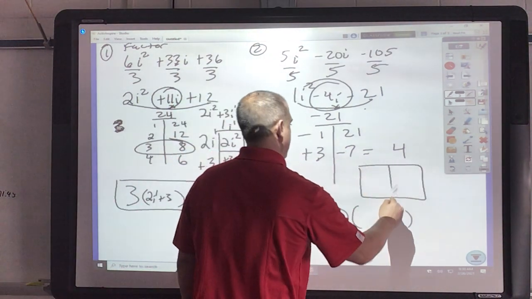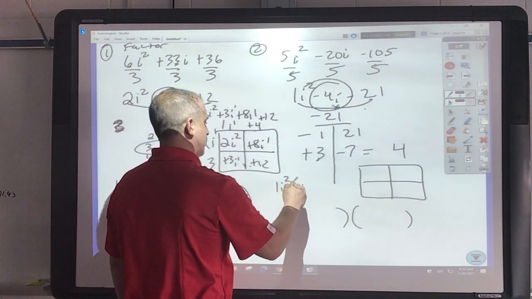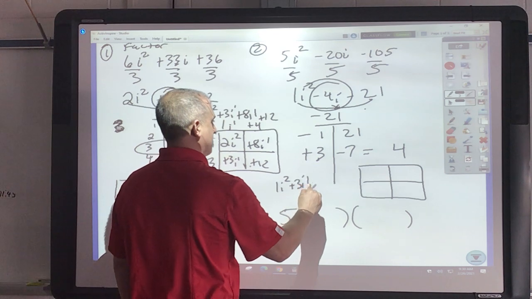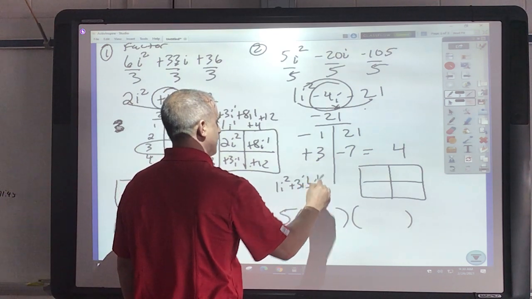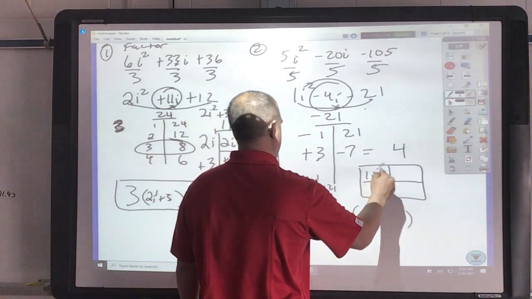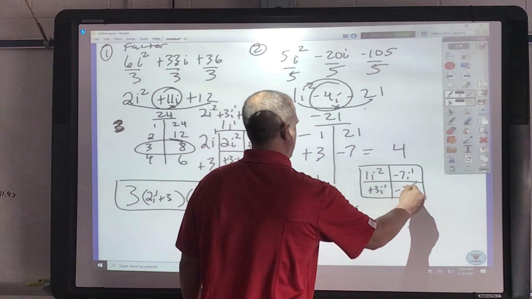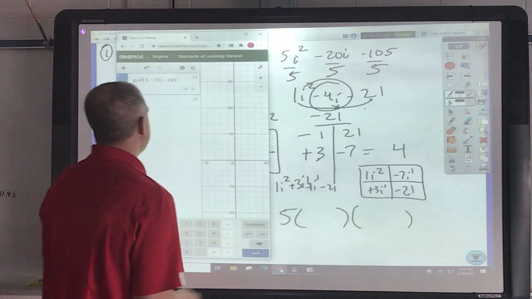So this turns into 1i squared plus 3i to the first minus 7i to the first minus 21. Now I'm just doing the GCFs of my rows.